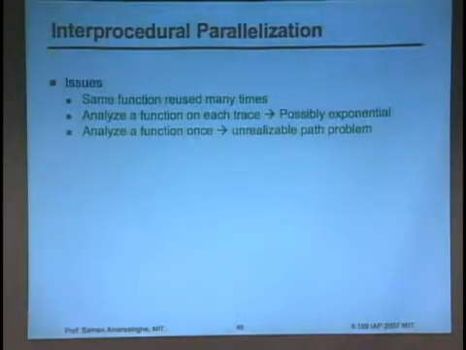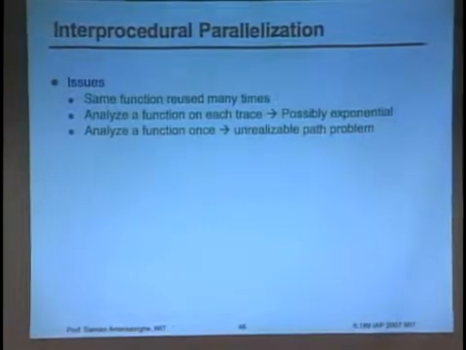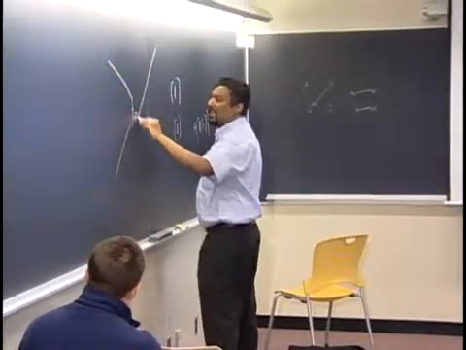The other option is you analyze each function once. I analyze this function once, and every time I use that function, I just use that analysis information. That means you have a kind of summary of what that function does for every call. This is not that easy, and this runs into a thing called the unrealizable path problem. Assume you call foo from here and return here, and you call it here and return here.